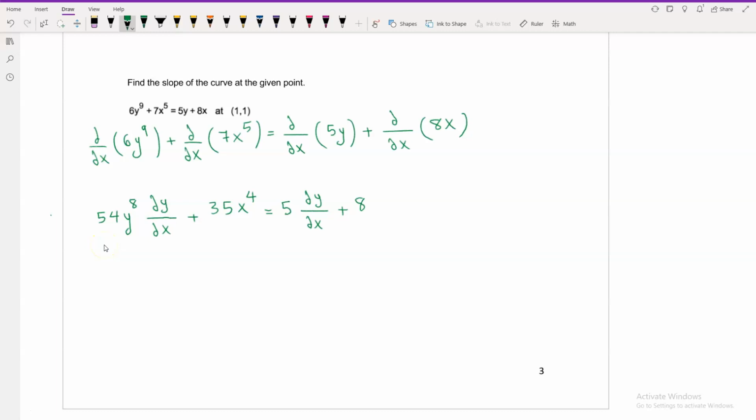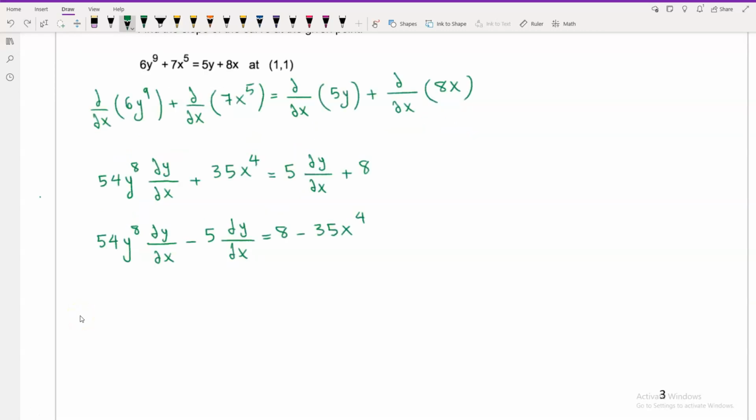So here the derivative of 6y to the 9th power is 54 times y to the power 9 minus 1, so that is 8, times dy over dx, plus the derivative of 7x to the 5th power, that is 5 times 7, so it's 35, times x to the power 5 minus 1, so that is 4, equal to the derivative of 5y, which is 5 times dy over dx, plus the derivative of 8x with respect to x, that is 8. So here we want to solve for dy over dx.